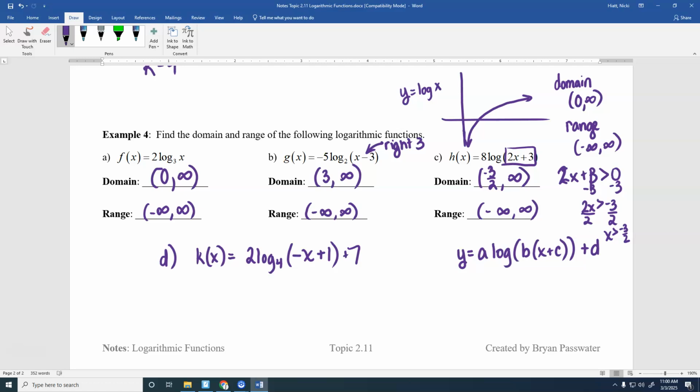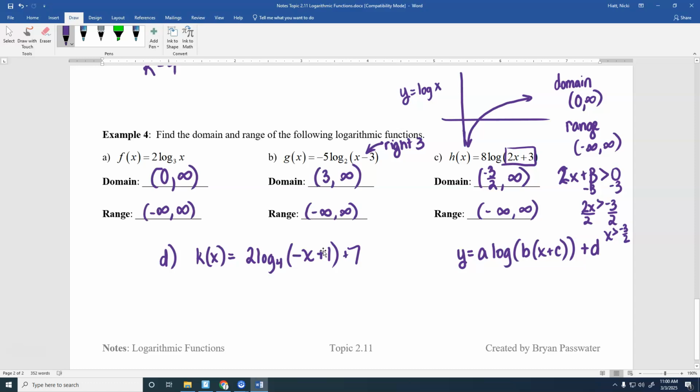They do not. That affects range, and our range is already going to be negative infinity to infinity. So when I have this negative x plus 1 on the inside, that is affecting my domain. And it is a reflection over the y-axis, and it's actually going to be to the right one instead of left one, because you sort of have to factor out that negative.